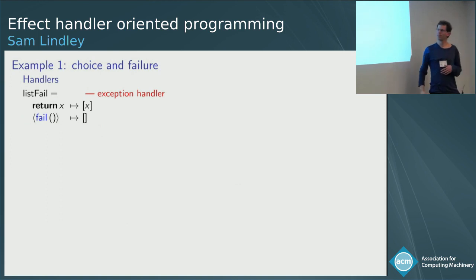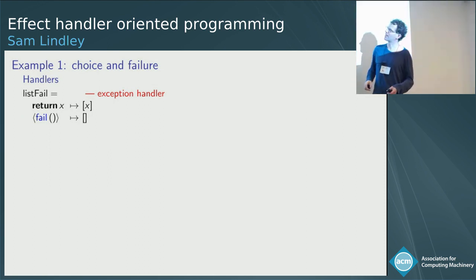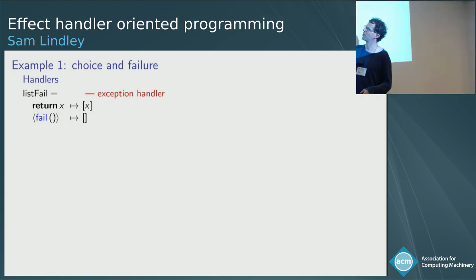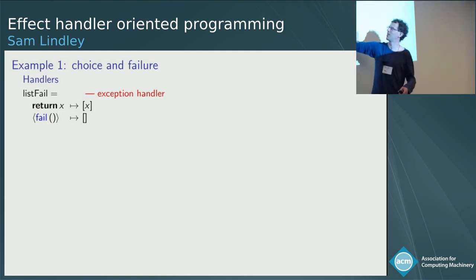So here's a first example of a handler, but this is just a standard, well, almost standard exception handler. So effect handlers generalize exception handlers, hence the name. I guess the somewhat unusual feature of this is that it's an exception handler that, as well as saying how to handle the exception, so in this case it's just going to return an empty list of results for an exception, you also say what to do if you actually successfully return a value.